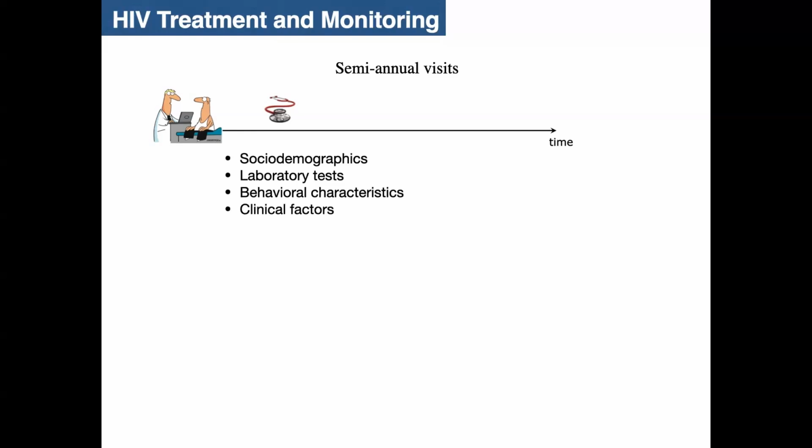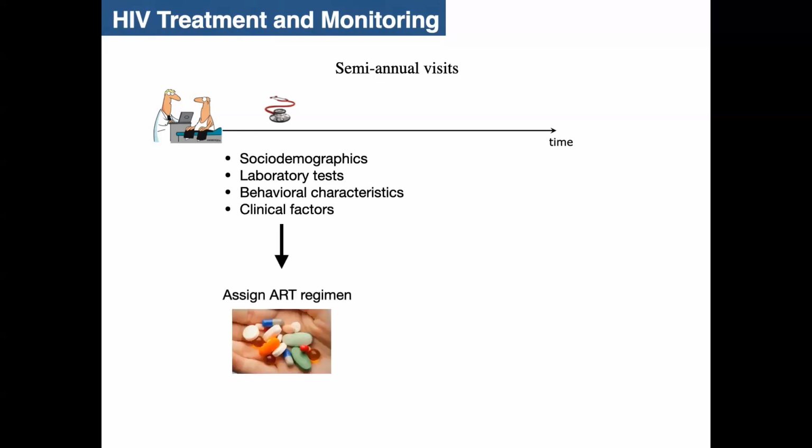For example, social demographics, and lab tests like HIV viral loads and CD4 counts, and also behavior characteristics, for example drinking, smoking, substance use, and also clinical factors, for example BMI and kidney function, liver function. The clinicians will check these measurements, and then based on them, they assign the ART regimens. So they want to say, okay, what's the optimal regimen for them based on their records. And this process basically repeats at every visit, every half year.